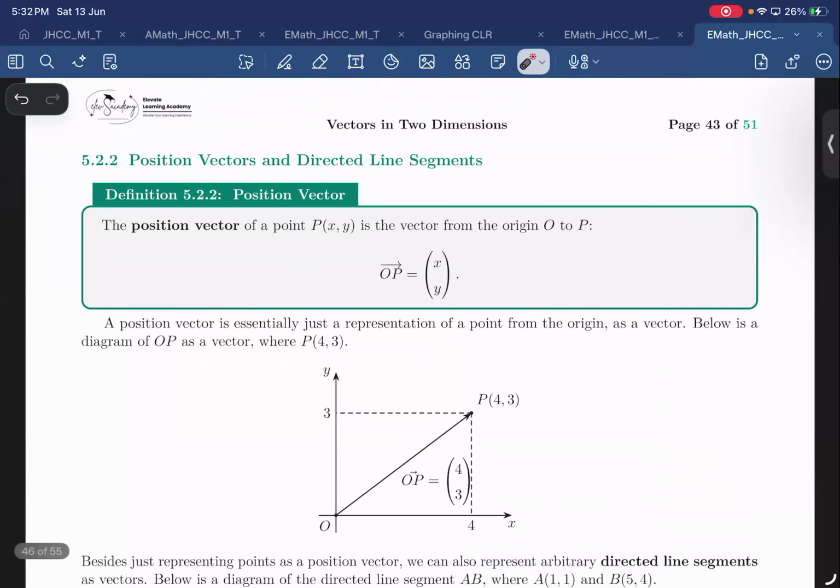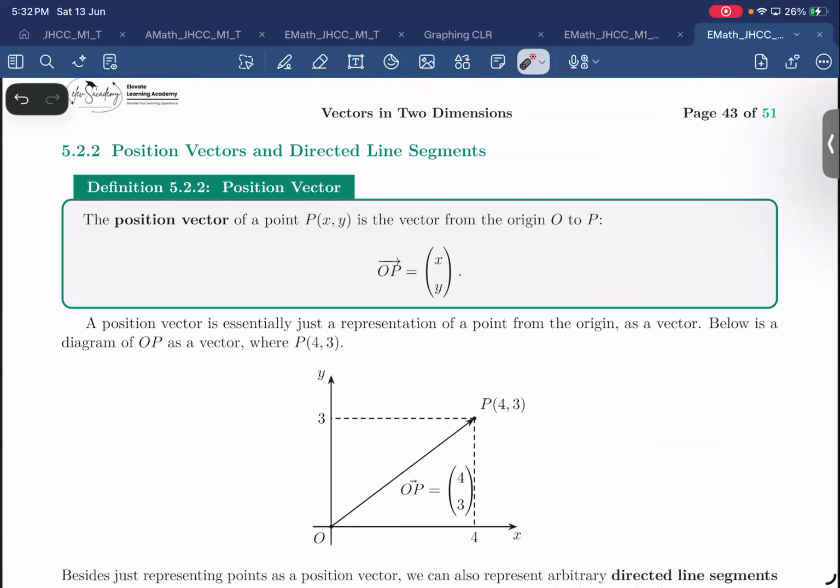Now we look at what a position vector is. A position vector is simply the vector from the origin. The origin is 0, 0. It is a vector from the origin to P. For example, if your P is 4, 3, then the position vector is going to be 4, 3.